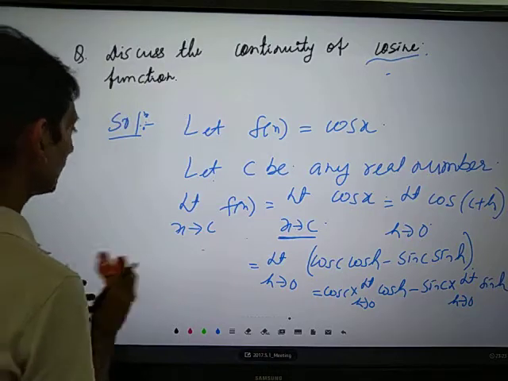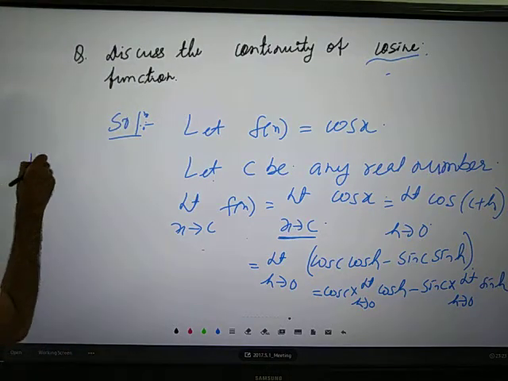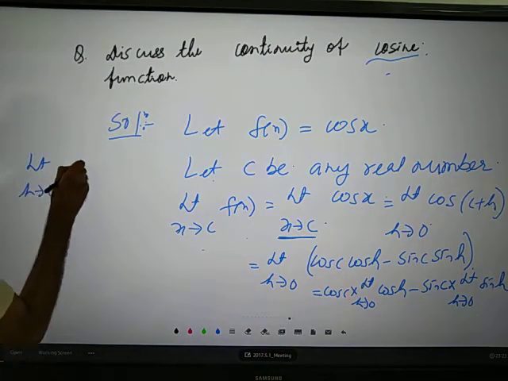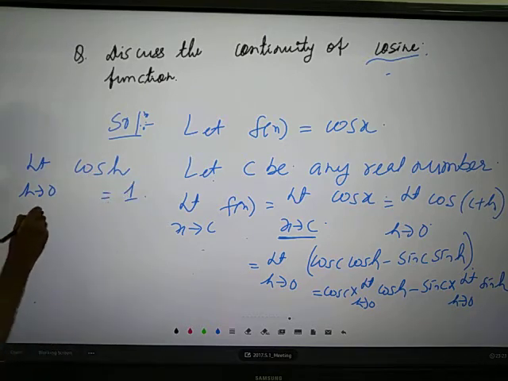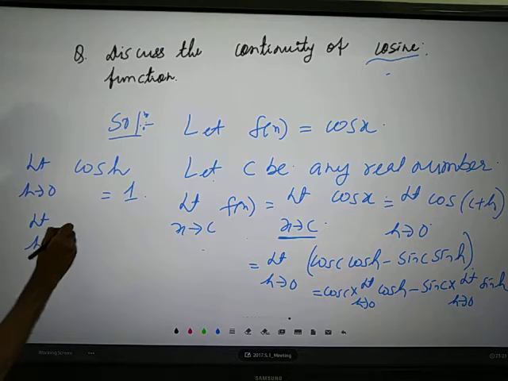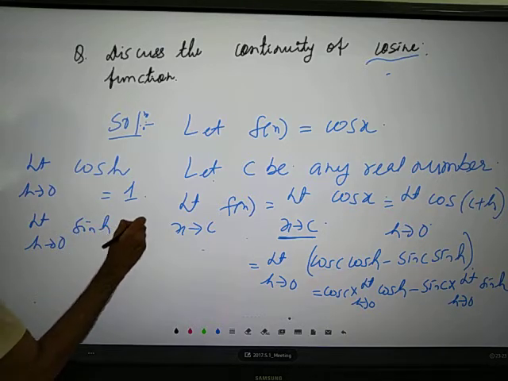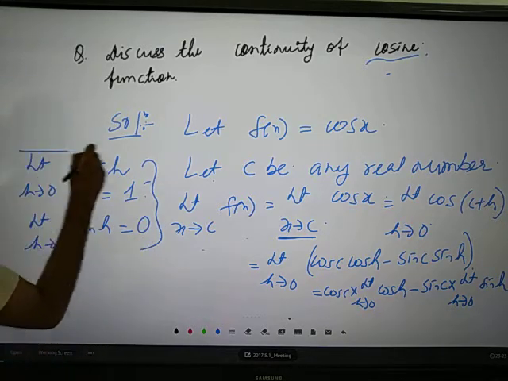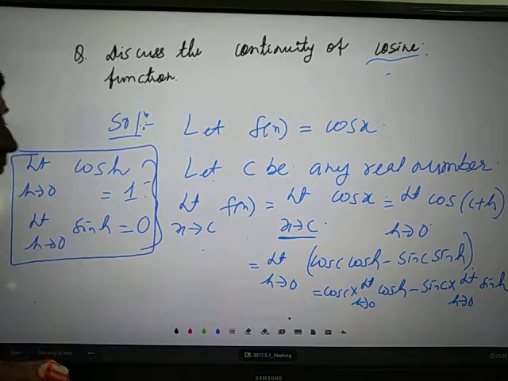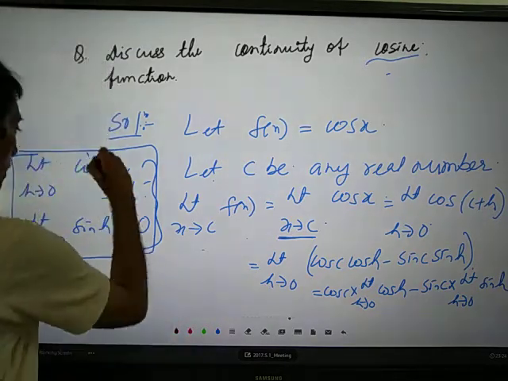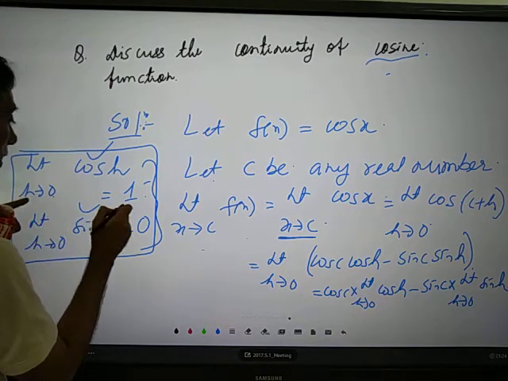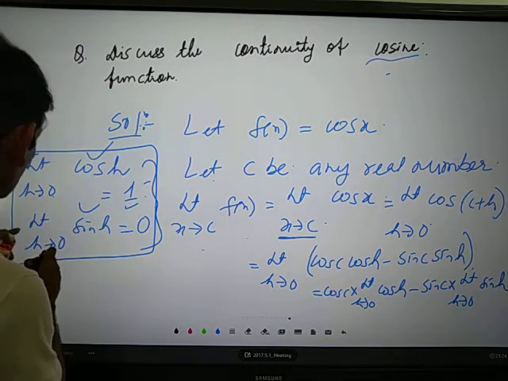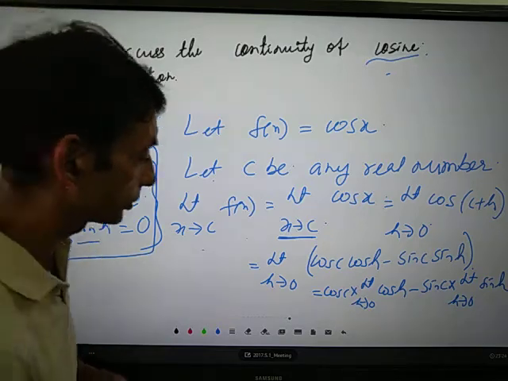We know that limit h approaches 0, cos h is equal to 1, and limit h approaches 0, sin h is equal to 0. These are very common properties, and you can check them with the help of the graphs of the cosine and sine functions.